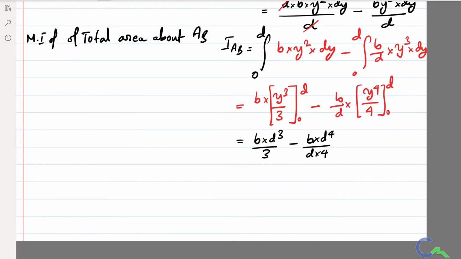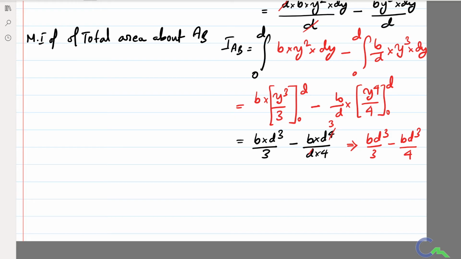Here the d gets cancelled, so I can write b d cube divided by 3 minus b d cube divided by 4.